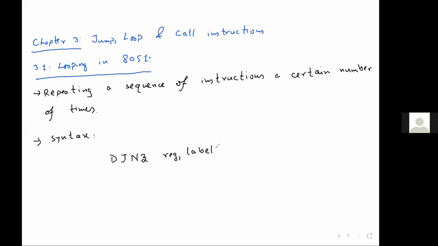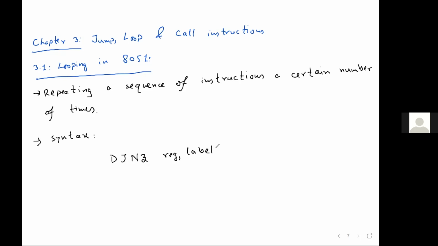Chapter 3 mainly deals with your jump, loop, and call instructions. Most of these things you already know. The problem will only be that in your previous course, you did not have to worry about the addresses. But over here, in microcontroller 8051, you need to deal with the addresses as well. So that is what makes the main difference.